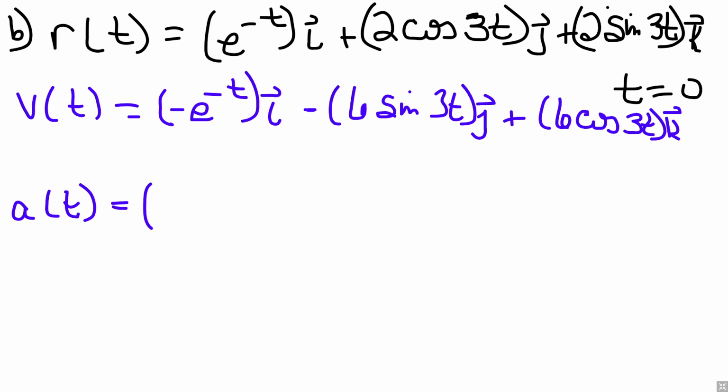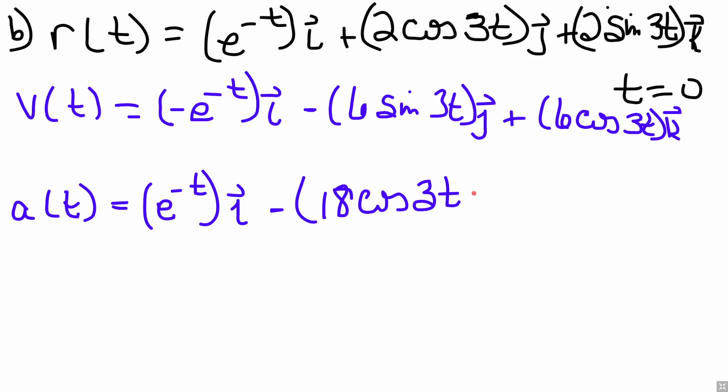For the acceleration, we should end up with e to the negative t in the i direction, minus 18 cosine of 3t in the j direction, minus 18 sine of 3t in the k direction. Any questions there?